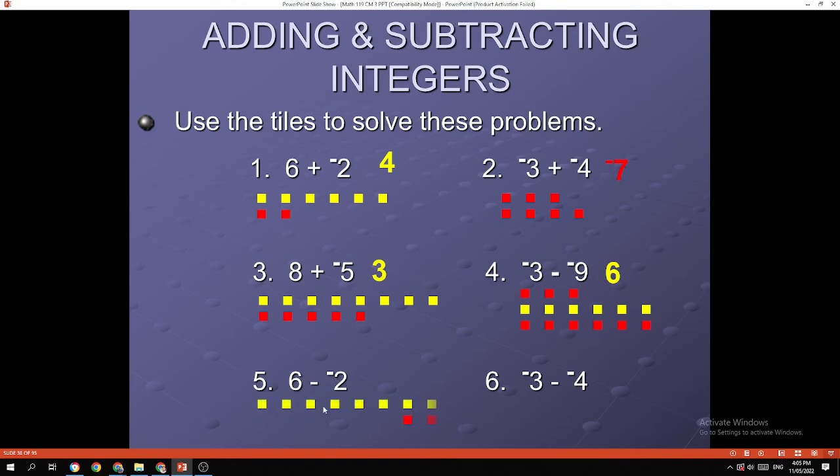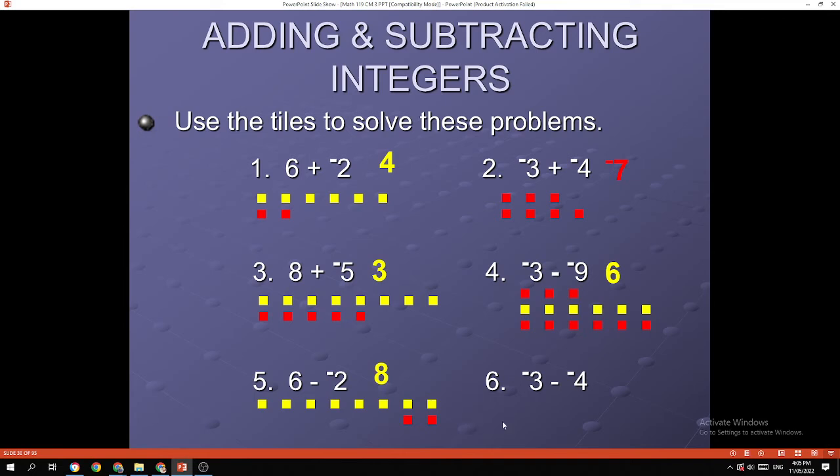This is 6. 1, 2, 3, 4, 5, 6. Nya, magtangtang man kog negative duha ka buok. So dapat na ako'y duha ka 0 pairs ipuno. Kay para igtangtang na nako aning duha ka red, pila ka yellow na hibilin? 8. And yellow means positive. Mao nang positive 8 ang number 5.